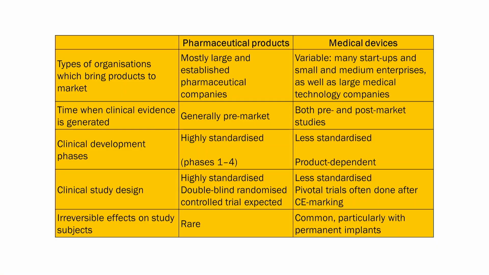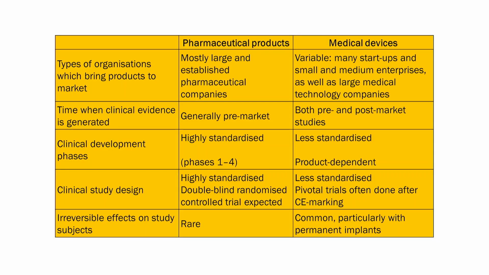Basically, if we talk from a vertical standpoint, the type of organizations which bring products to the market: pharmaceutical products are majorly put to the market through large and established pharmaceutical companies which we are aware of, like for example, Sun Pharma, or let's say Lupin Labs.